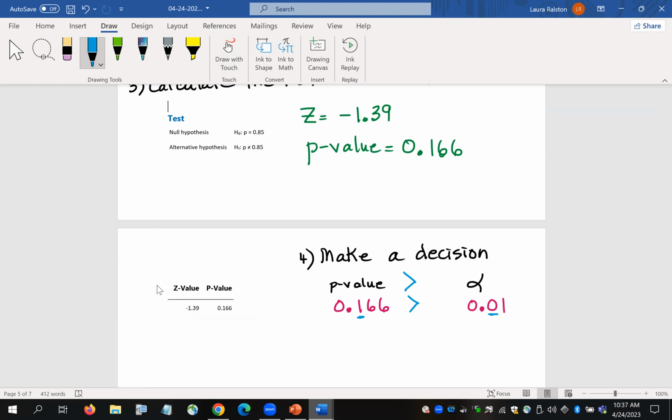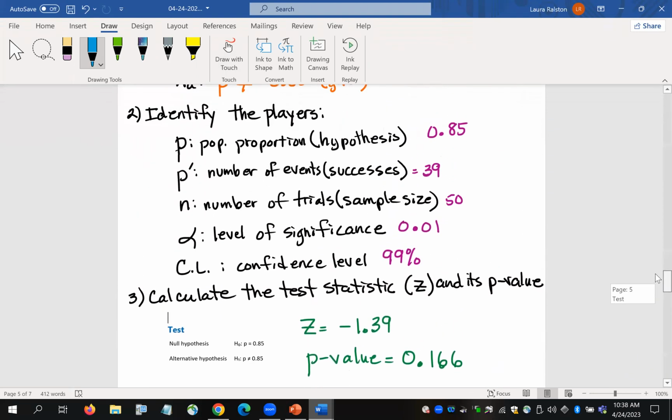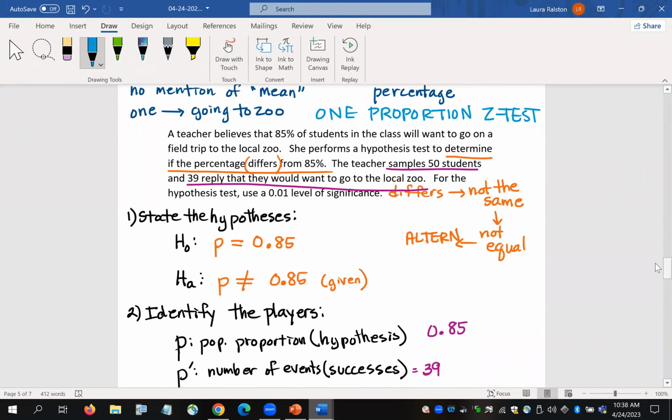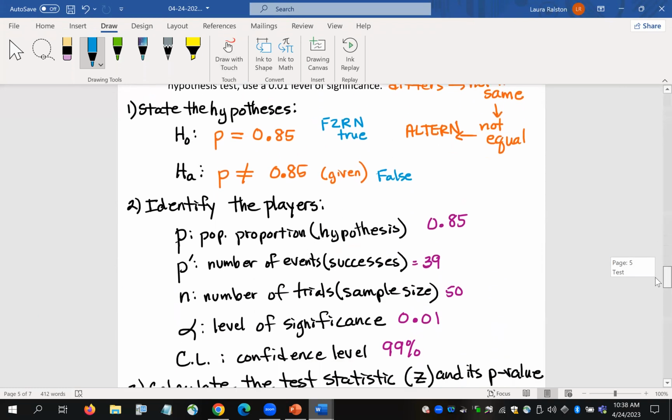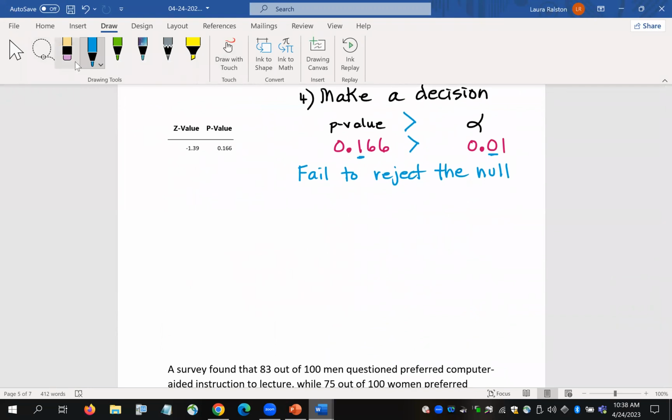If p is greater than alpha, we fail to reject the null. So if I go back up here to my hypotheses, if I fail to reject the null, that means the null is true and the alternative is false. So based on the evidence that I have, the percentage does not differ from 85%. So then I have to say that in my conclusion.